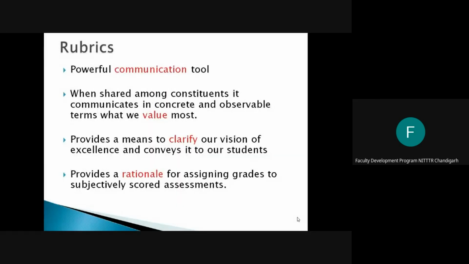And it's a very, very powerful communication tool. The students who are getting assessed can actually observe where they are performing well, and what are the areas in which they are lacking.